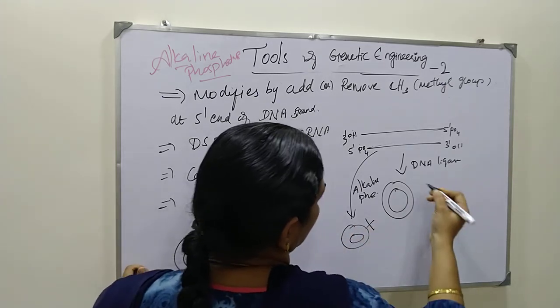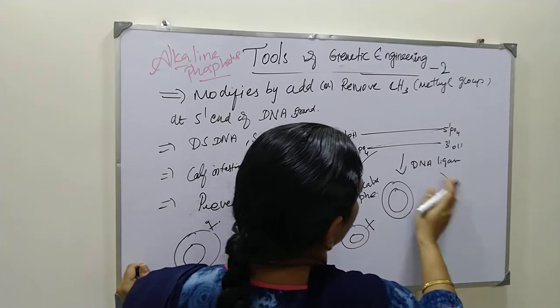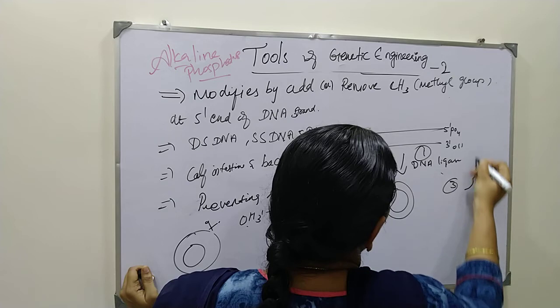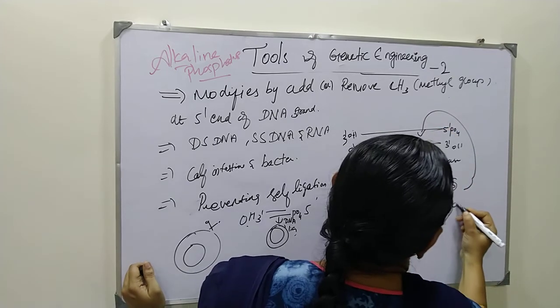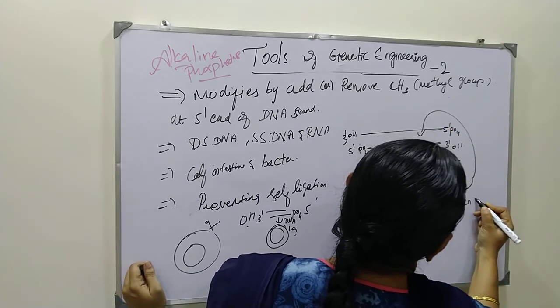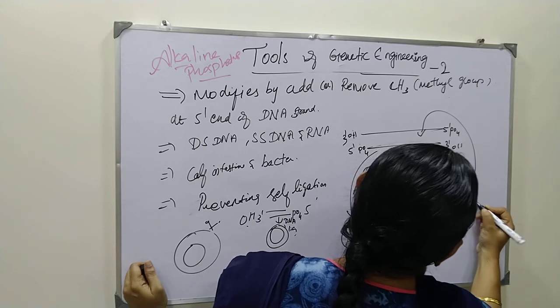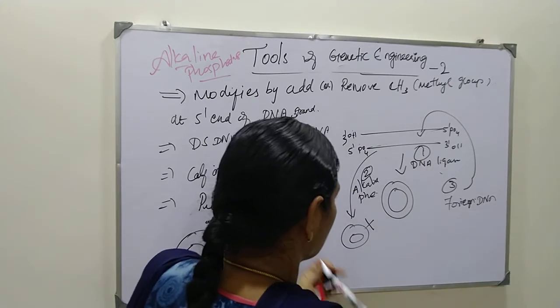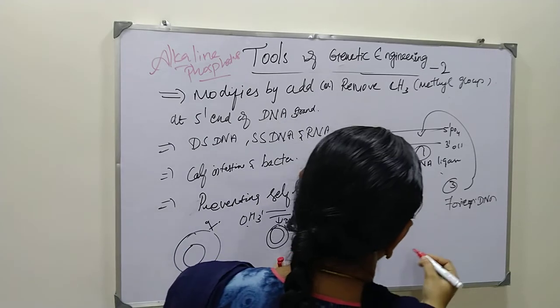Suppose this is 1, this is 2, and the third one, the foreign DNA, is added here, a recombination, adding here. So how will it be?